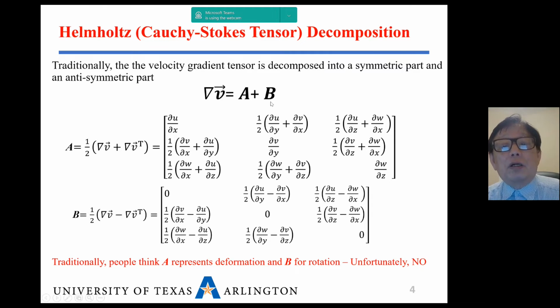B we call the vorticity part, which is anti-symmetric. People usually think A is deformation and B is rotation, but unfortunately, that's not true.